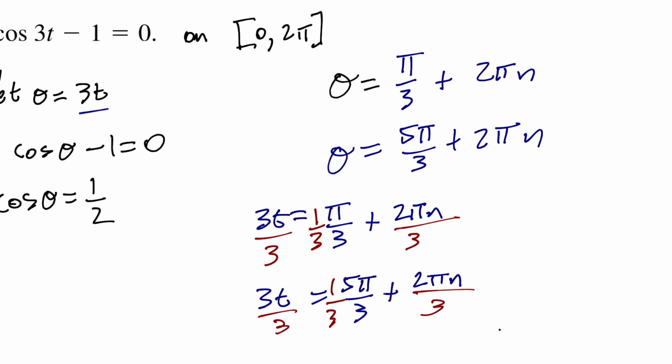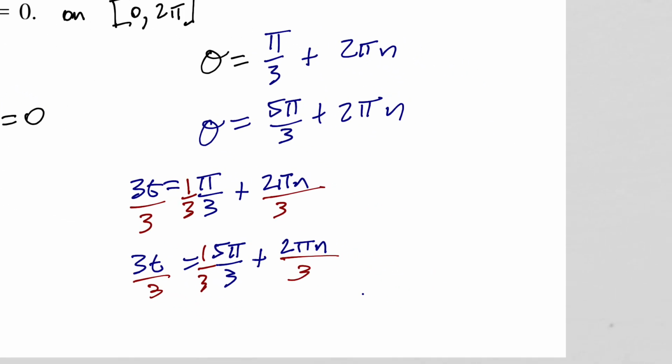Okay. All right, so my general solutions are now this. So I get t equals pi over 9 plus 2 pi over 3 times n. T equals 5 pi over 9 plus 2 pi over 3 times n.